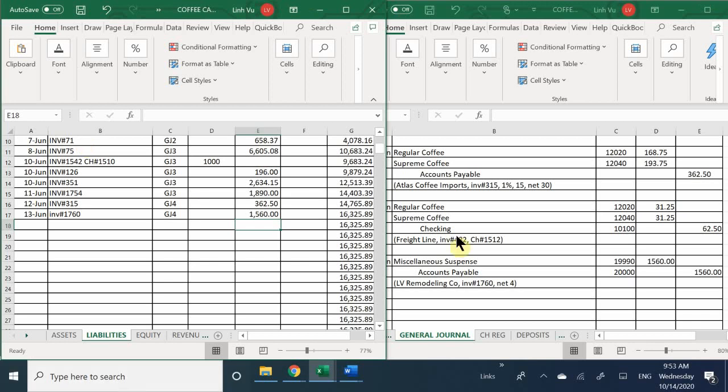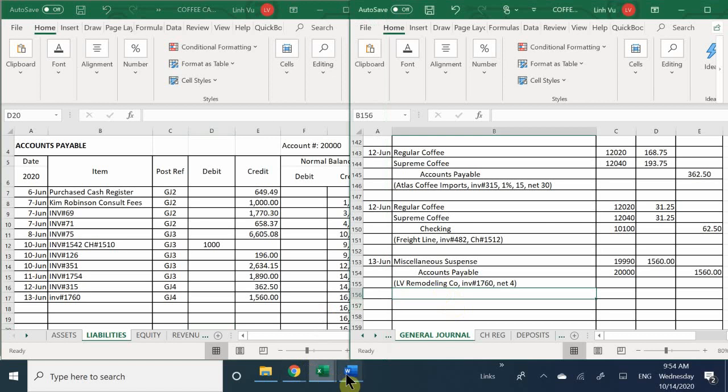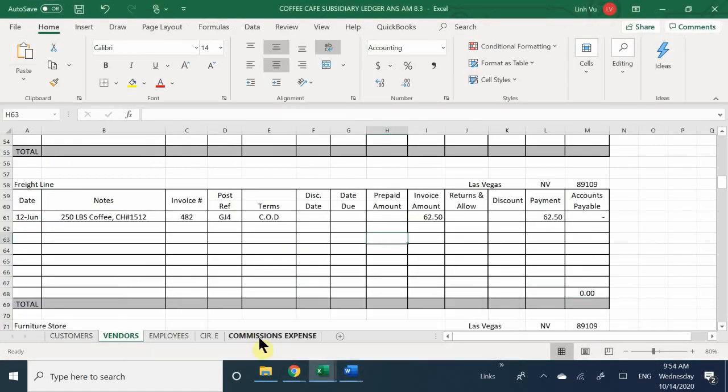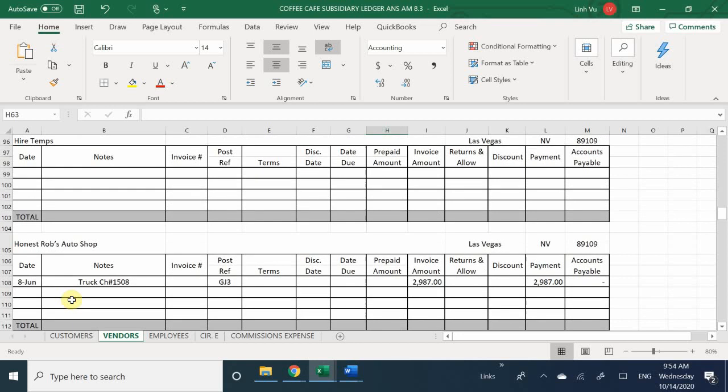So now that we've updated our ledger, we need to go straight to our subsidiary ledger. And we're going to find our LV Remodeling, our vendor.